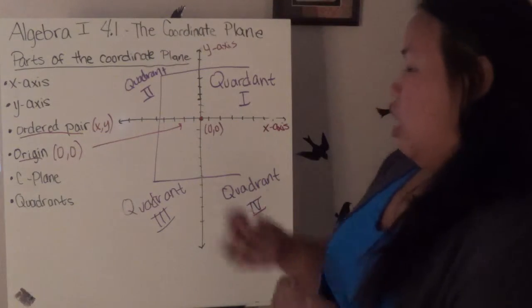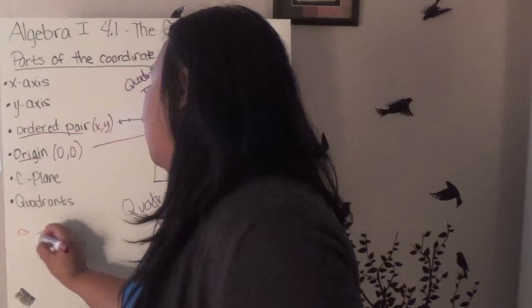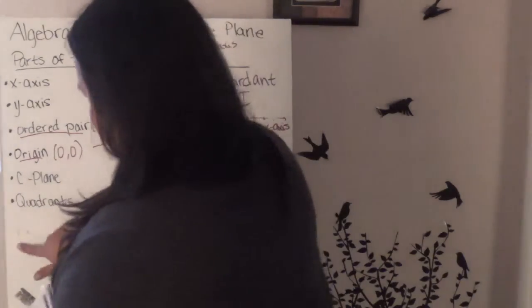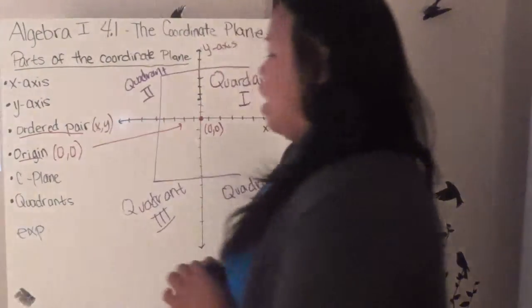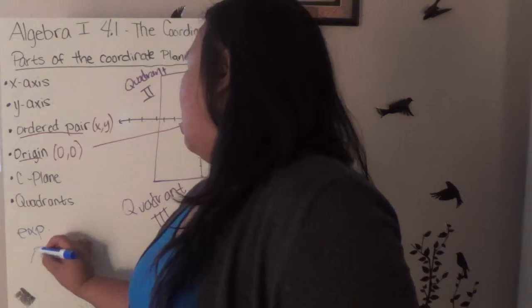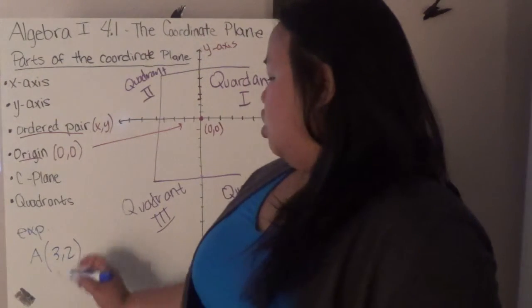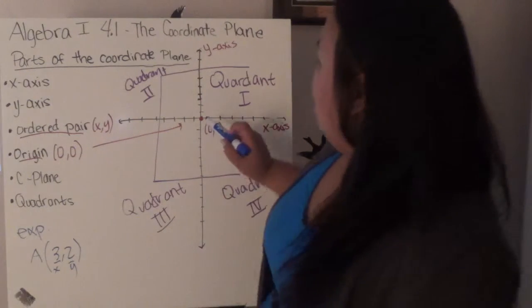For example, let's say I have a coordinate A, which is 3, 2. So 3 is my x and 2 is my y. 3 tells me how to go over.